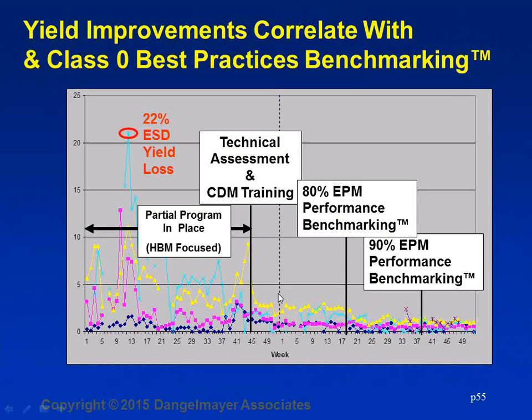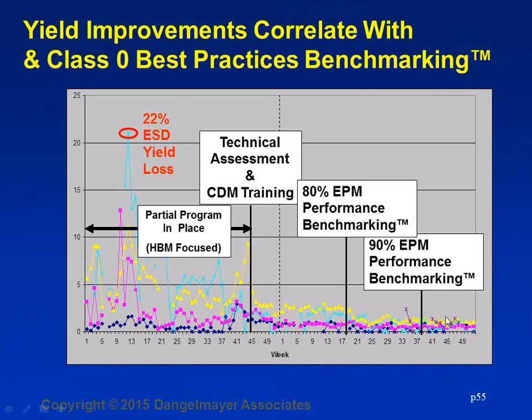The bottom line is that the chart I showed you earlier confirmed that those, and again, those are examples of what was done, not the full extent, but those types of process improvements almost eliminated the ESD defects from the process. Now, it took time because there was a great deal of detail, tool by tool, step by step.